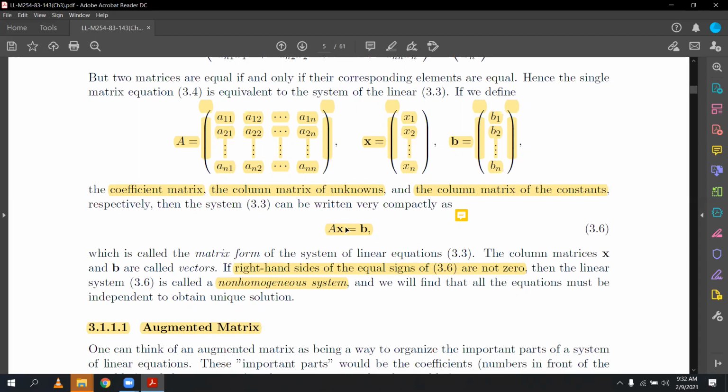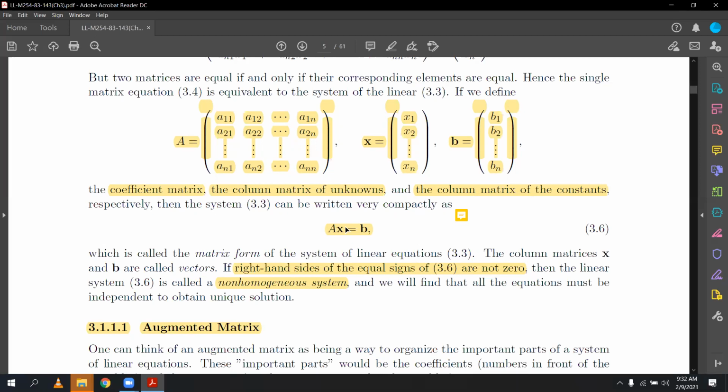To find a unique solution, you have to check B and A. B should not be equal to 0, and A is non-singular. What does non-singular mean? You already discussed in 107. Invertible. Yes, invertible. If A is invertible, the inverse must exist, or the determinant should not be equal to 0.